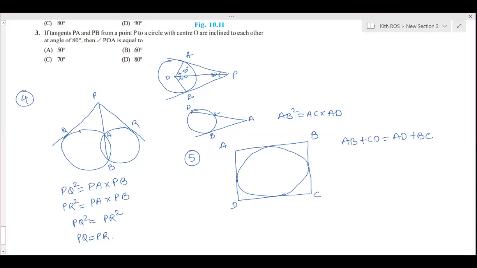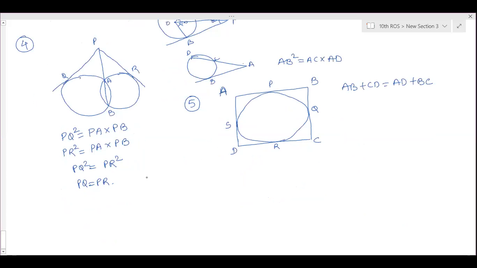Now here you can see this point, take P, Q, R, S. Now AP and AS are, what are AP and AS? Tangents. Tangents from A. So AP is equal to AS.